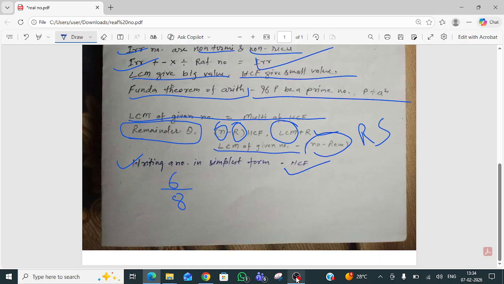Only the textbook will never be sufficient for this chapter. What I expect is a little work, 2 hours. If you work 2 hours, you can complete your preparation for Real Numbers, and we can expect good marks from this chapter.